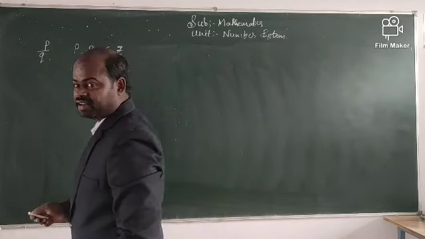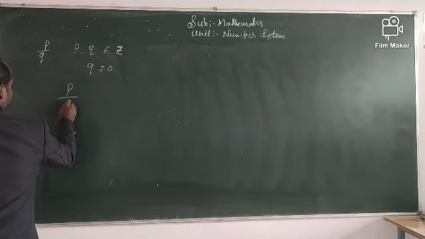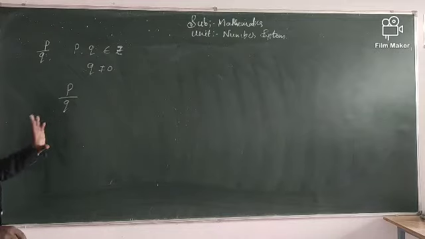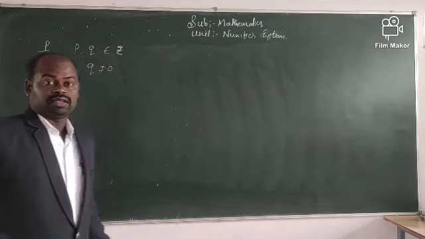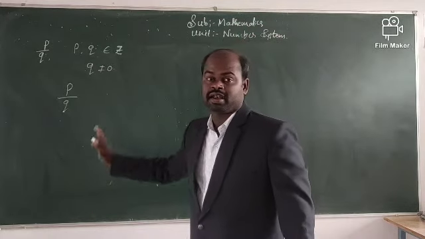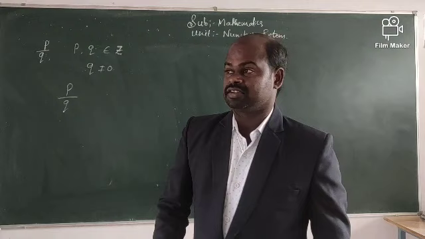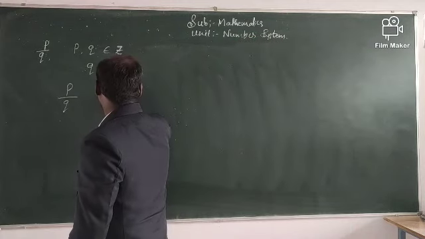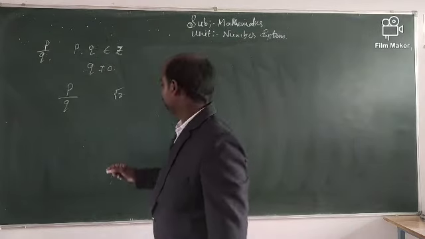What is meant by irrational numbers? The numbers which cannot be expressed in the form of p by q are called irrational numbers. Suppose root 2. Root 2 is an irrational number.